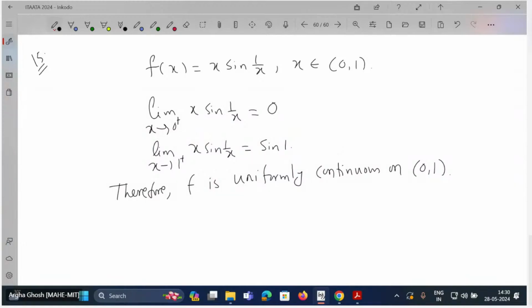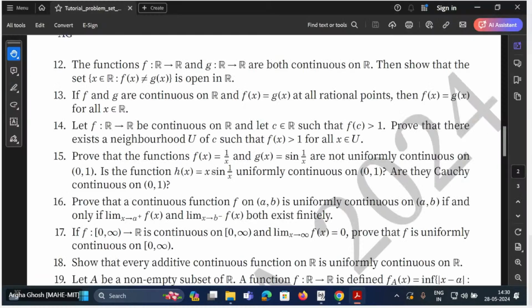Now the main question: how to solve question number 16. It is given that a function f is continuous on (a, b), and you have to prove that it is uniformly continuous if and only if the limit as x tends to a plus of f(x) and the limit as x tends to b minus of f(x) both exist finitely. Okay, so let's go one by one.